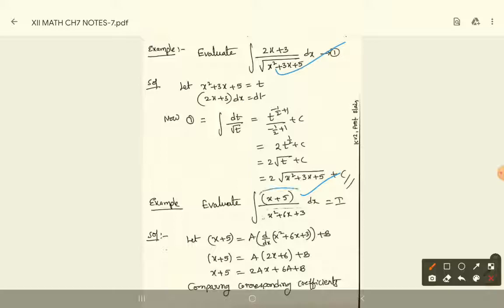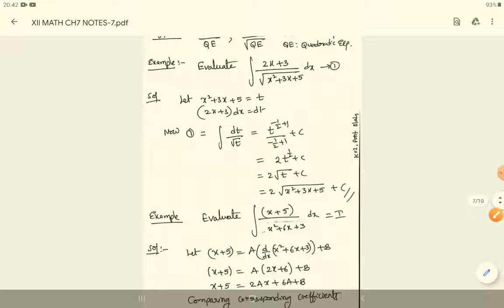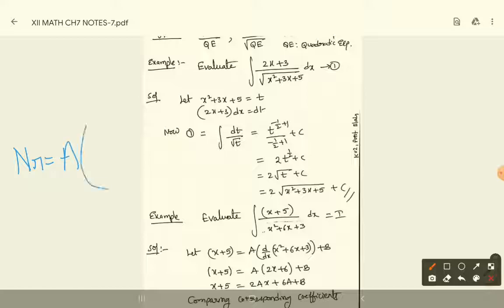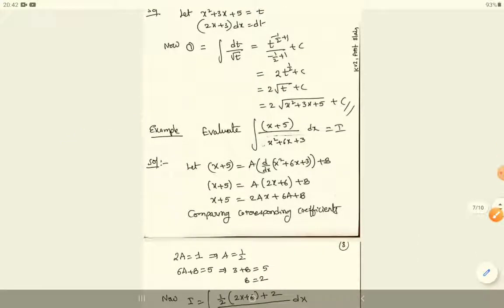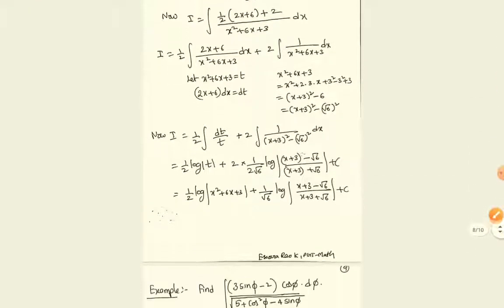If it is x plus 5 and 2x plus 6 is the derivative, not there, then numerator is equal to a into the derivative of the denominator plus b. Then find out the a and b values, substitute them in place of x plus 5, then split the fraction, and you get the answer.